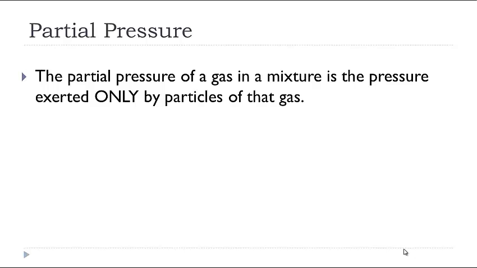All right. One thing I want to point out is that there's no such thing as partial volume of one component of a gas mixture. Why is there no such thing as partial volume? Because all the particles are spread out inside the whole container.